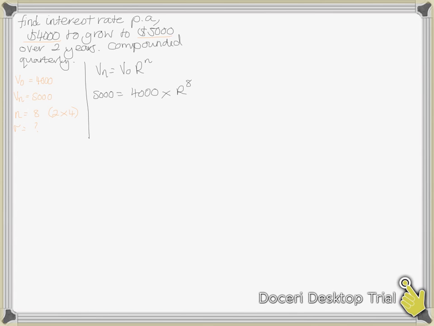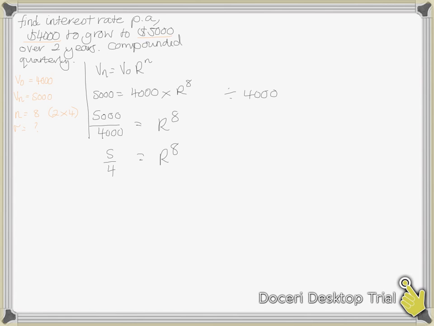First we need to get rid of our 4,000, so we divide by 4,000 because that will undo it. So we have 5,000 divided by 4,000 gives us r^8.